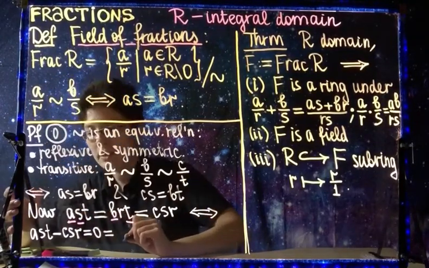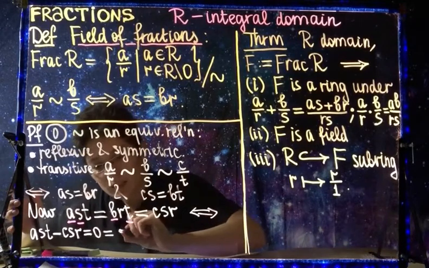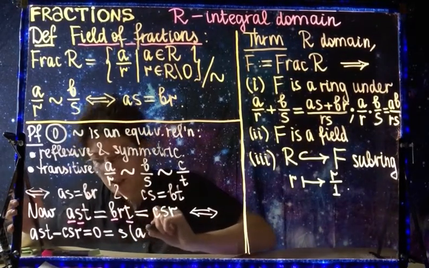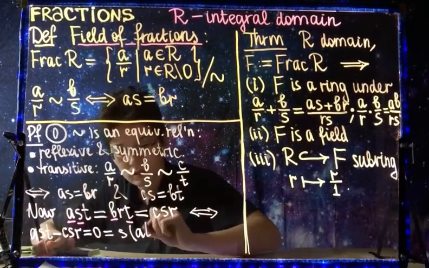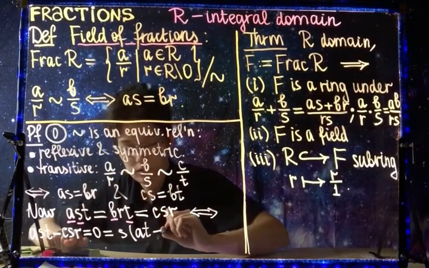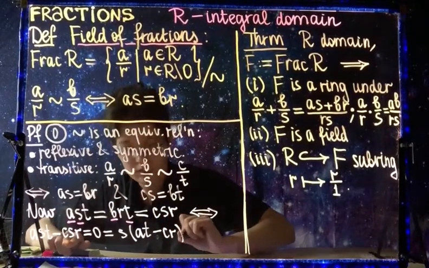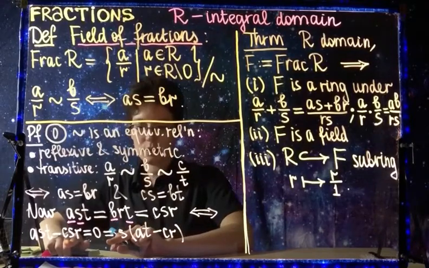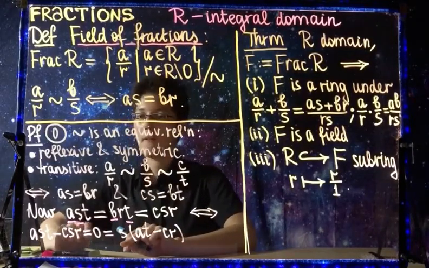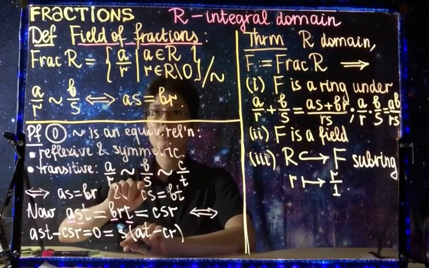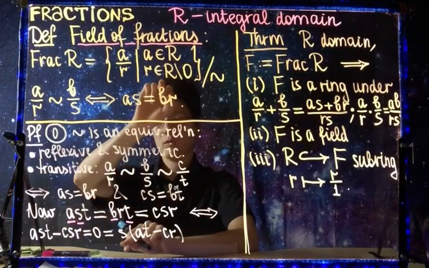But now by distributivity, we can write it as S times AT minus CR. This is equal to 0, and S, being in the denominator, is not equal to 0.